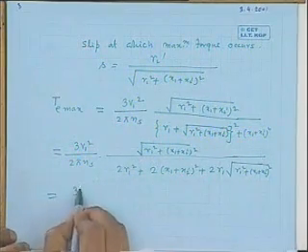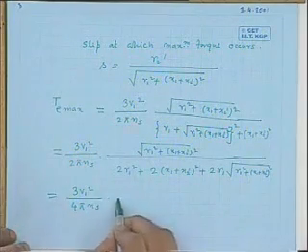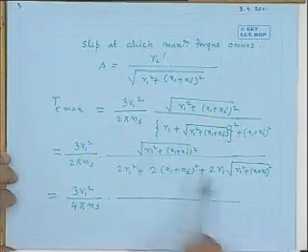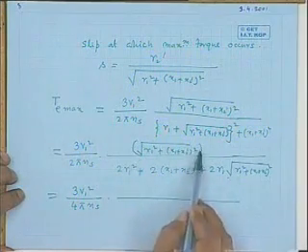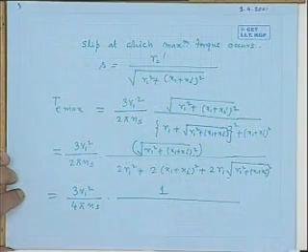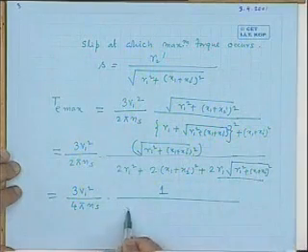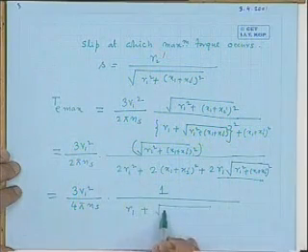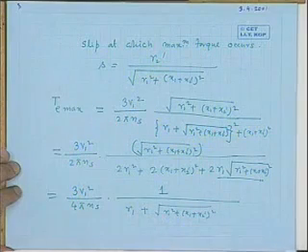Now these two you can take out, 3V1 squared by some 4 pi ns it will become. And you can take this factor common from below, or divide numerator and denominator by this factor. So on the top it will become 1, and on the bottom this will yield R1, and this will yield root over R1 squared plus X1 plus X2 dashed whole square.